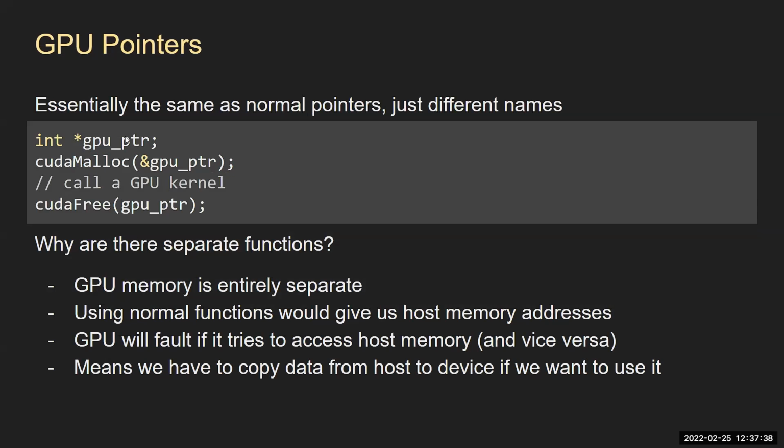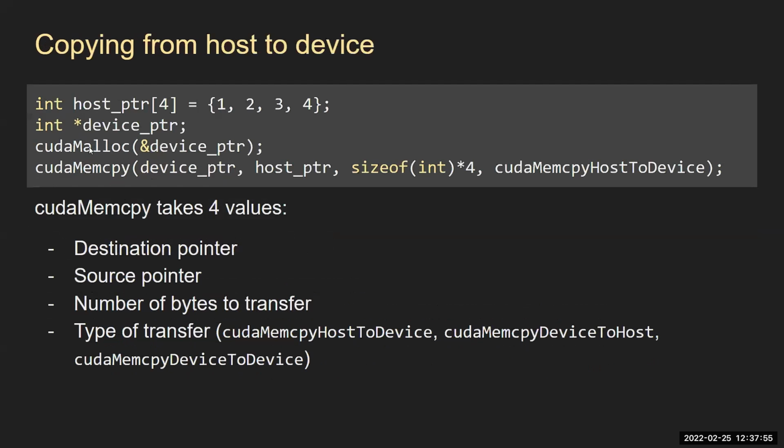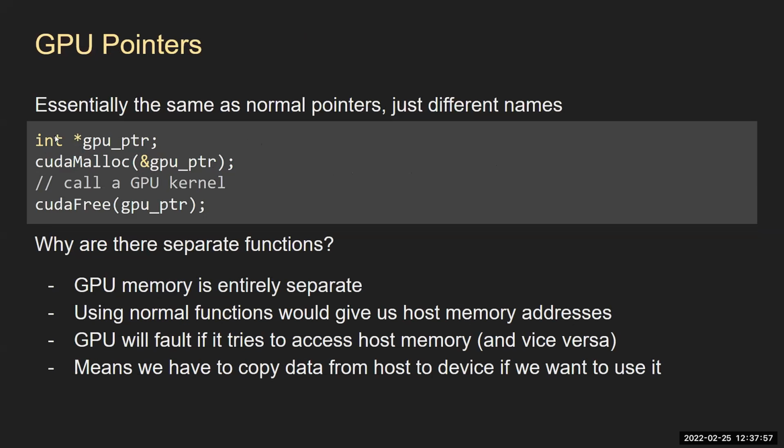Okay. So having built that up, let's talk a little bit about GPU pointers. They're essentially the same. You just have some separate functions. So you can see here, we still use the same type declaration, just integer star in this case for an integer pointer.